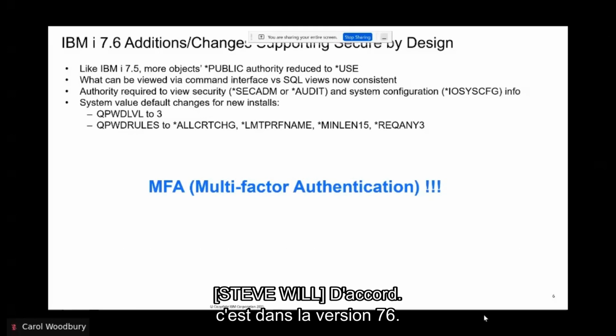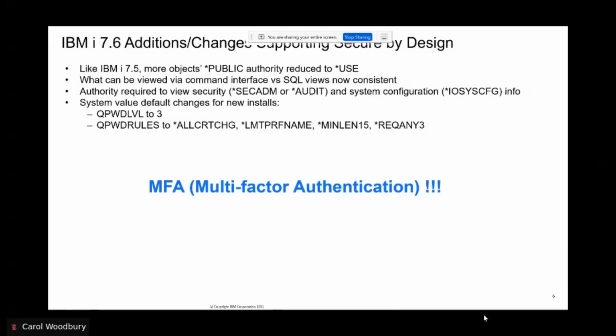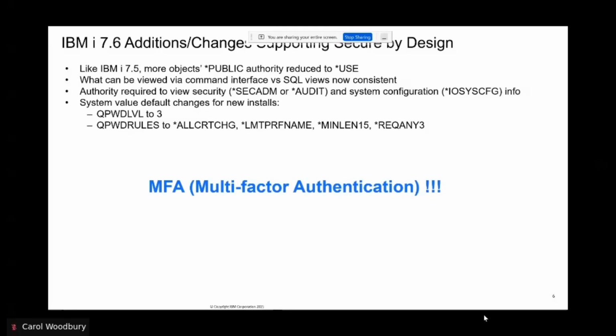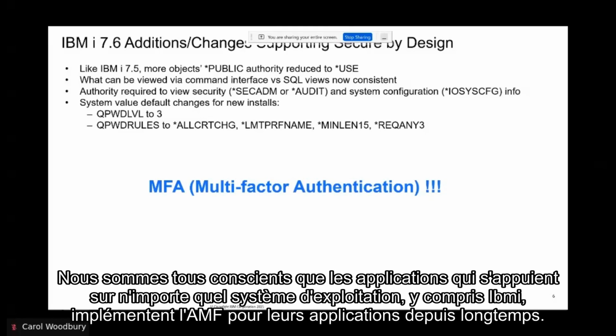Okay. So let's spend a little time talking about MFA and where it came from into the operating system. We're all well aware that applications that sit on top of any operating system, including IBM i, have been implementing MFA for a long time.